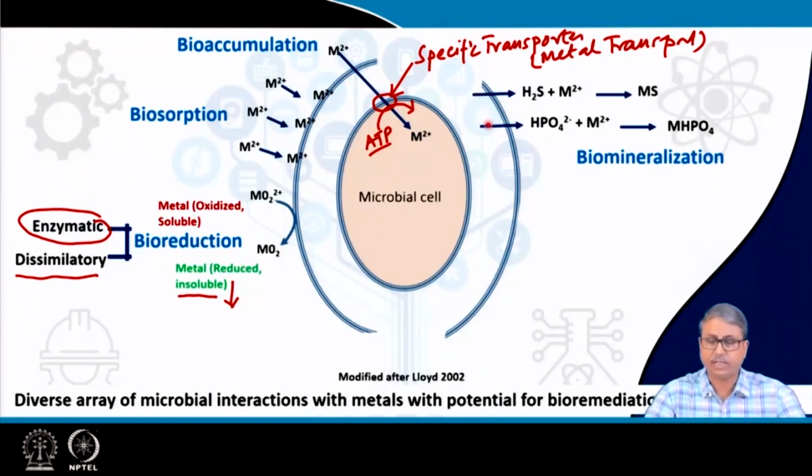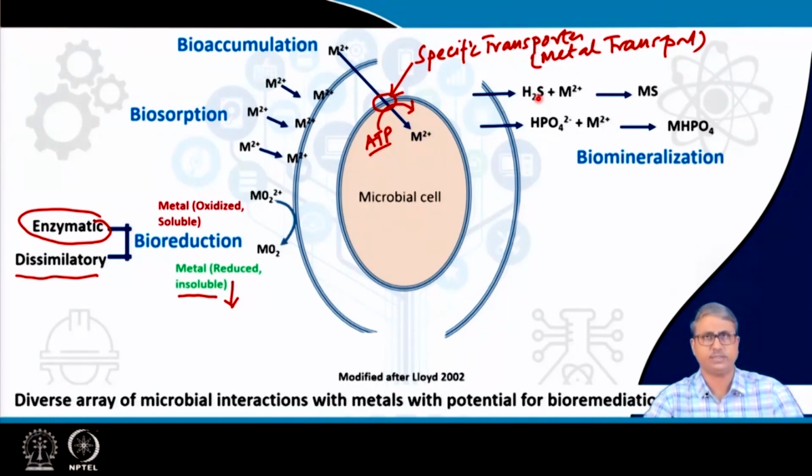Similarly, the sulfides which are produced during the sulfate reduction. This is another process which is mainly carried out by anaerobic sulfate reducing bacteria. They use sulfate as the terminal electron acceptor, and sulfate is converted to sulfide.